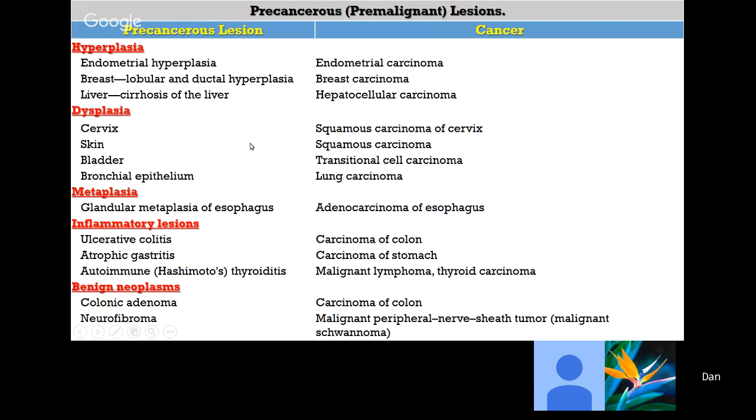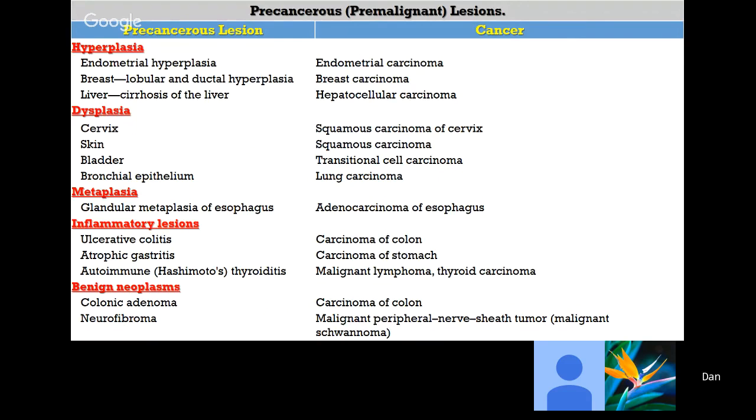So now, like I said earlier, you need to know what the precancerous cells are. Why? Because if you have a precancerous lesion, it's about what is the next step in your management. What do you do next? And actually, prevention can lead to the ablation of this type of tumors.